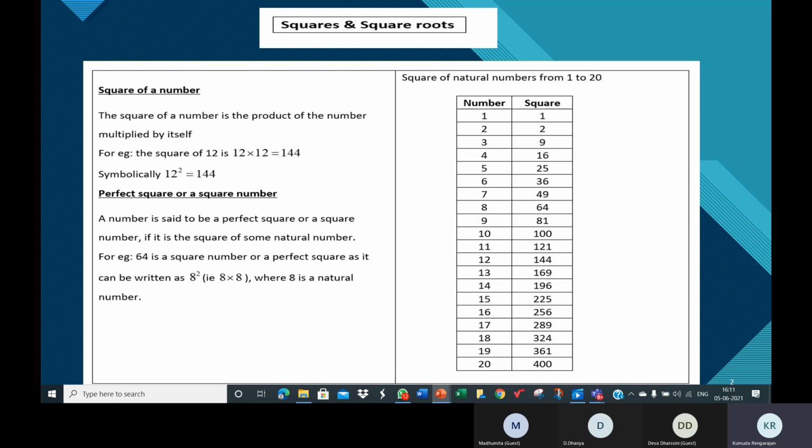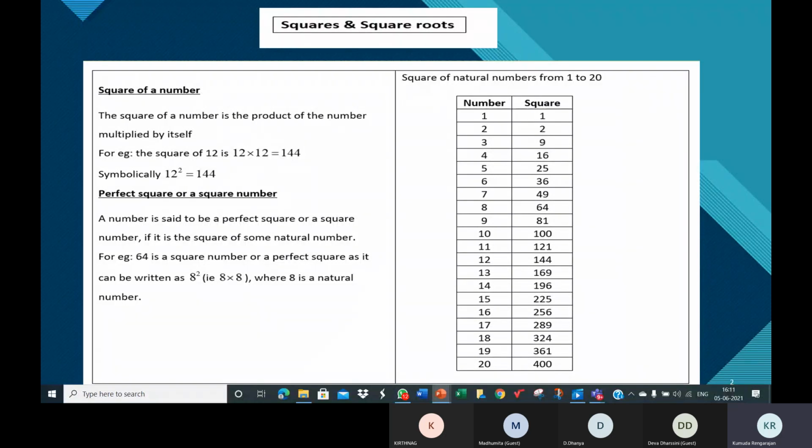Okay, so square of a number. The square of a number is the product of the number multiplied by itself. That's how we define the phrase square of a number. Now you can see the example below.